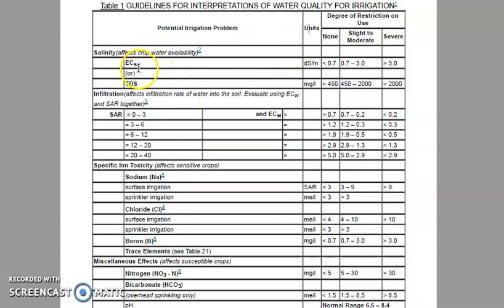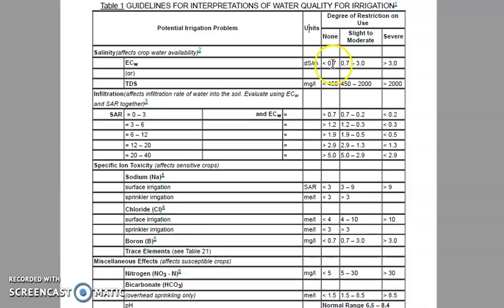If you would like to convert the electrical conductivity to concentration of salt, you multiply 0.7 times 640.